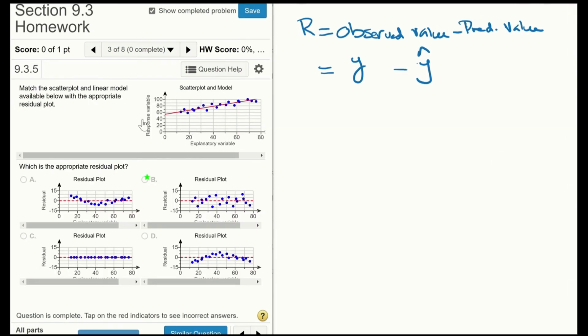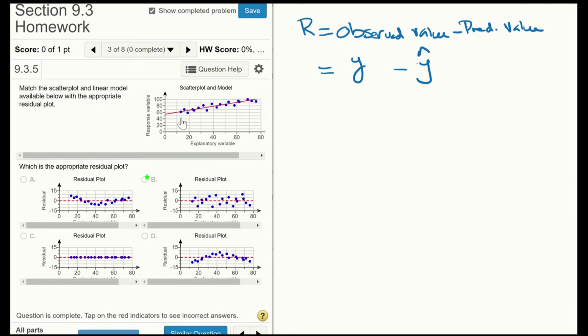So here we have a given scatter plot with obviously linear association. And here's the best fit line, the linear regression line, or model. Here we are given 4 residual plots. We want to know which one corresponds to this particular scatter plot.